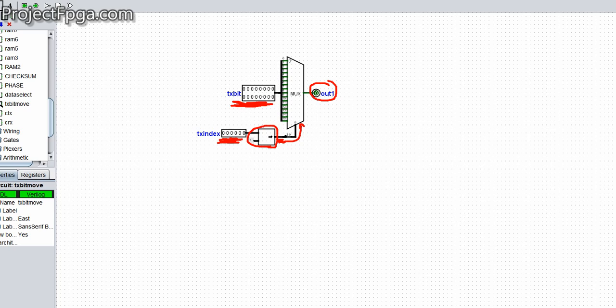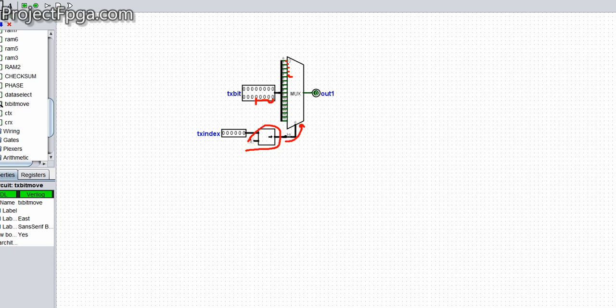Assuming the TS index is 10, it passes through here, and we are going to have 5 at the output. So if 5 goes here, it's going to take the fifth bit, 1, 2, 3, 4, 5, which is this 0 here.